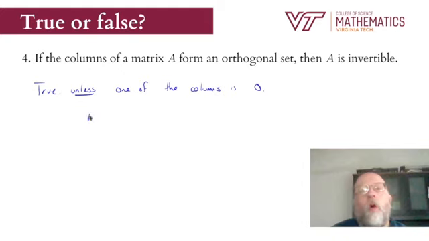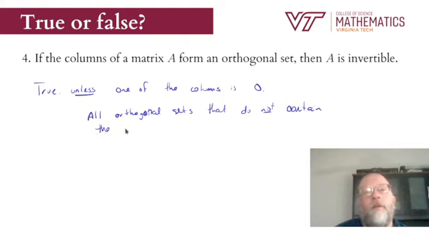We know that all orthogonal sets that do not contain the 0 vector are linearly independent. And you know what? There's an even better reason this is false.